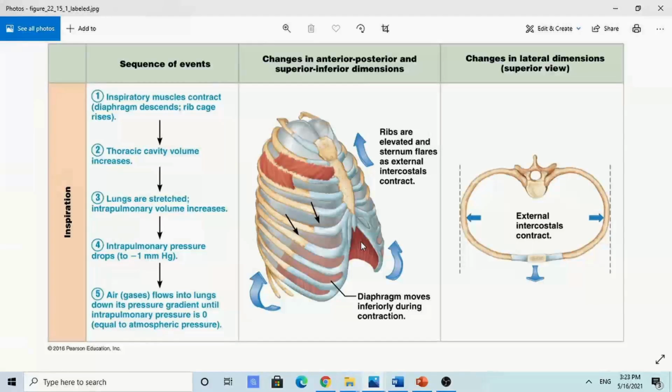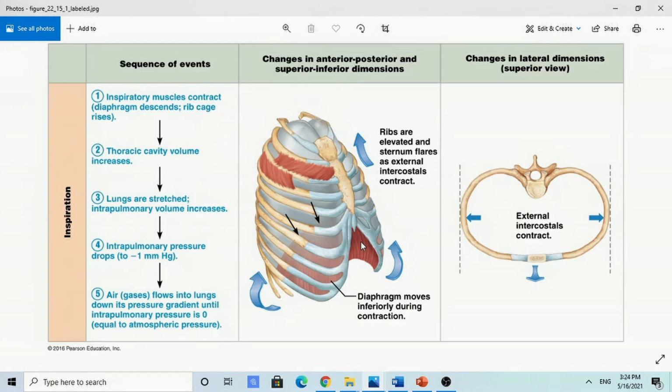If we run, if we engage ourselves with exercise, and we have to breathe forcefully, then additional muscles like the sternocleidomastoid muscle, which is in our neck, and the scalene muscles, which are also in our neck, will also be contracting, and they will be pulling on the thoracic cage, lifting it higher and further increasing the volume of the thoracic cavity, because at the same time the diaphragm is going to lower down.